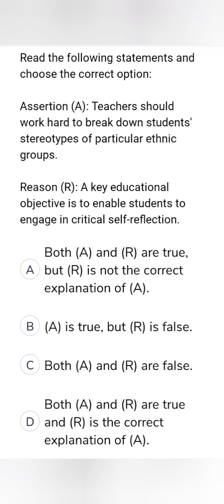Answer A. Both A and R are true but R is not the correct explanation of A. B. A is true but R is false. C. Both A and R are false. D. Both A and R are true but R is the correct explanation of A. Option number D is right. Both A and R are true but R is the correct explanation of A.